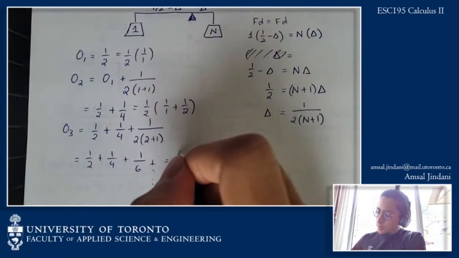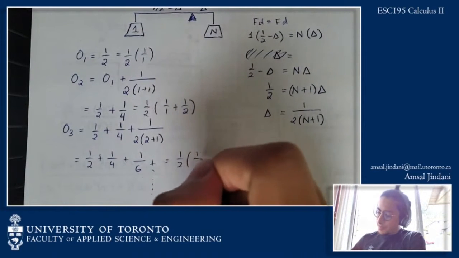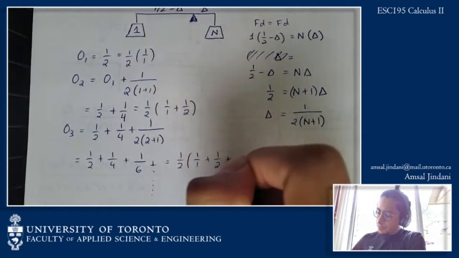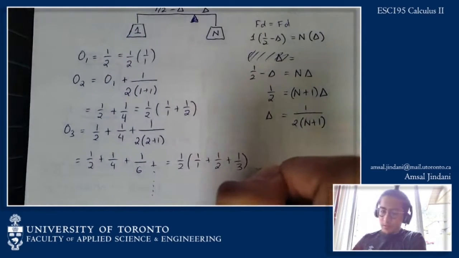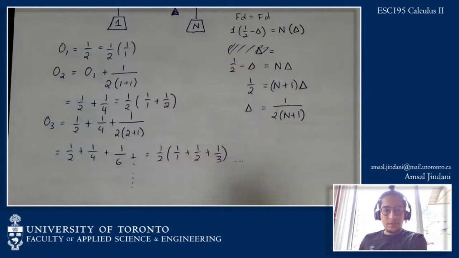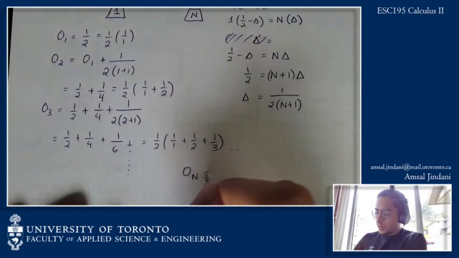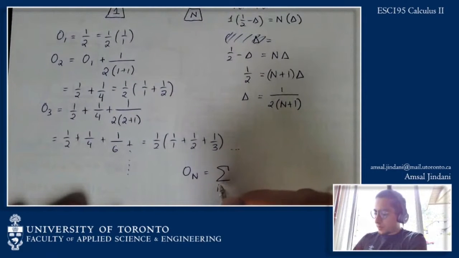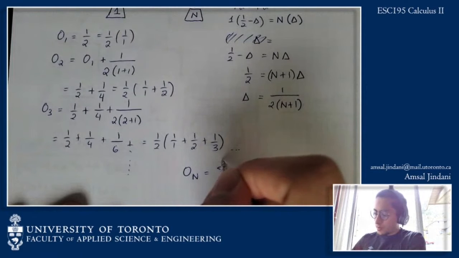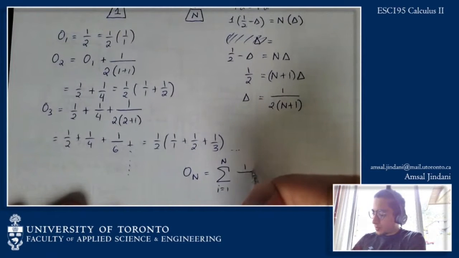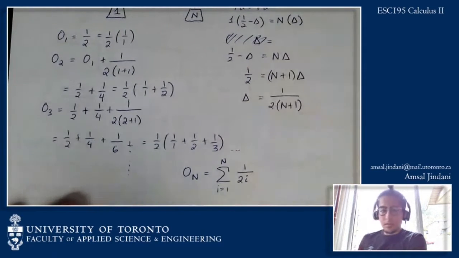And then this one is a half times 1/1 plus 1/2 plus 1/3, and so on. So this is just a harmonic series that is multiplied by 1/2. So the overhang for n blocks is the sum from i equals 1 to capital N of 1/(2i).